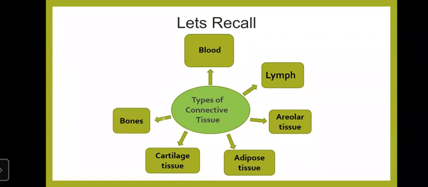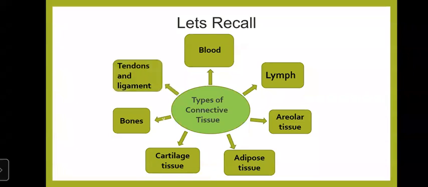Next was the bone, which is made up of osteocytes and calcium phosphate as a ground substance. We all know our entire skeleton is made up of bone. It provides support, helps in locomotion, as well as protects the internal vital organs like brain, liver, lungs, and the bone marrow.